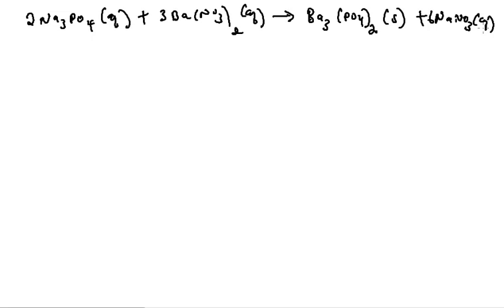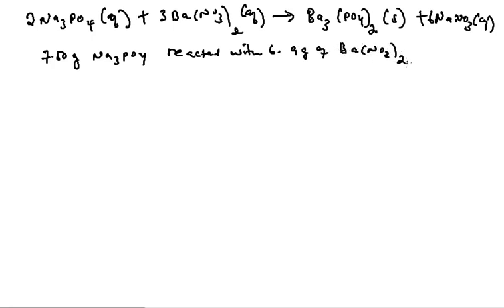Now the question was that we have 7.5 grams of sodium phosphate given, reacted with 6.9 grams of barium nitrate, and we wanted to know how much barium phosphate is formed.